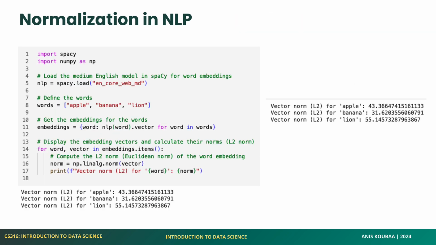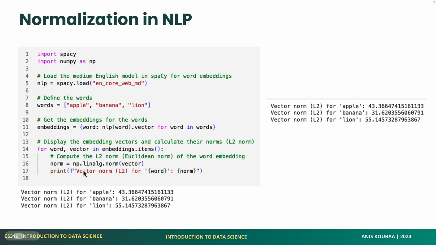In natural language processing, we can also do normalization. In this slide, I only show how to calculate normalization. How do we use it? It's for calculating the similarity. Instead of comparing the dot product of the embedding vectors, we calculate the dot product of the normalized embedding vectors.